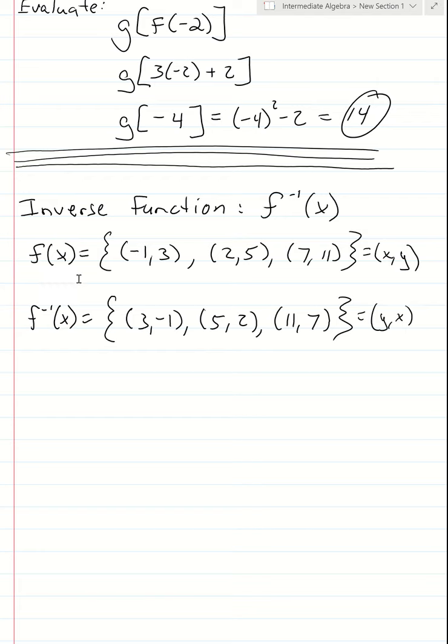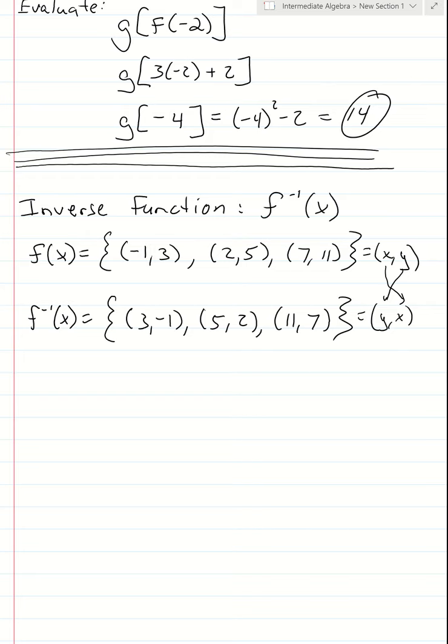Okay, and that's what's going to be true about your inverse functions, that your x values of -1, 2, and 7 will now in turn become the y values, -1, 2, and 7. The y values of 3, 5, and 11 in turn become the x values of your inverse function, 3, 5, 11. So basically you have to switch your x and your y values.